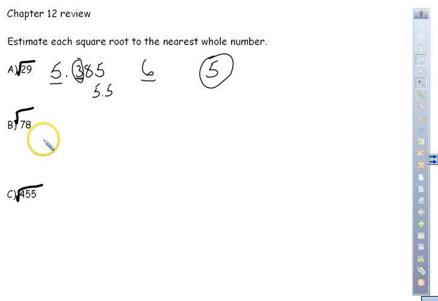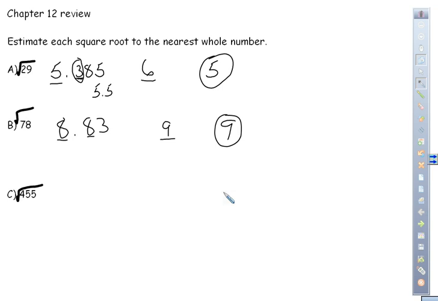For letter B, taking the square root of 78 would be 8.83. Again, it's determining whether it's between 8 or the whole number 9. Since it is 8 tenths, being larger than half, meaning 0.5 or larger, it is closer to the 9, so 9 is my answer.